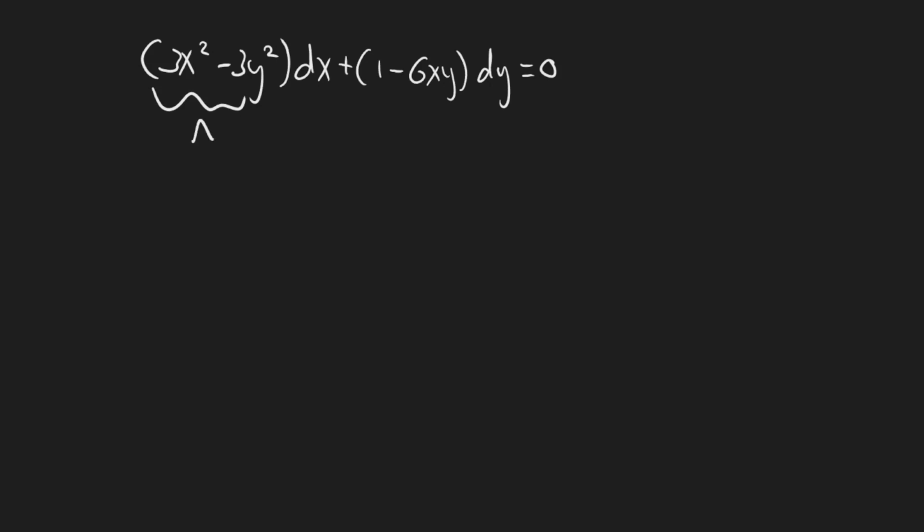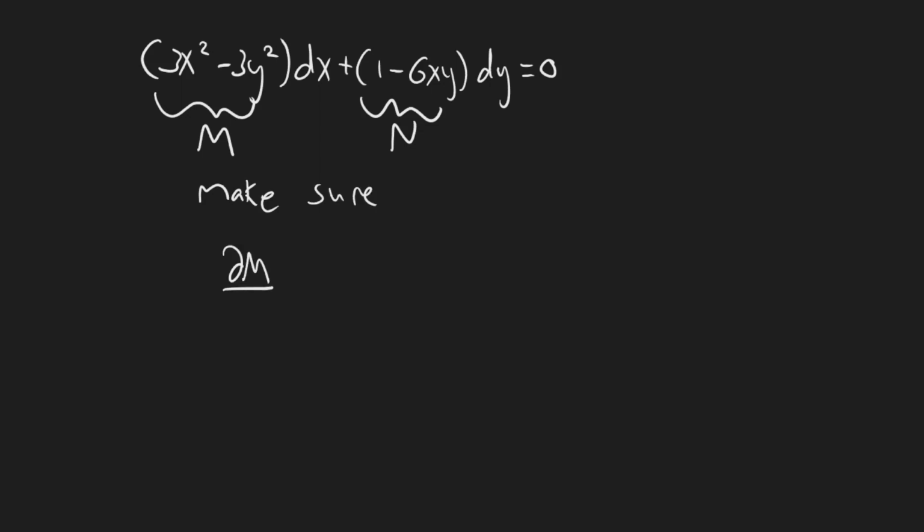We can see right here, this is what would be M, and this is what would be N, but we don't know for sure that it's exact yet, and the only way to make sure is to take partial M. Here, I'll keep this definition right here. So we need to make sure that partial M, partial y equals partial N, partial x.